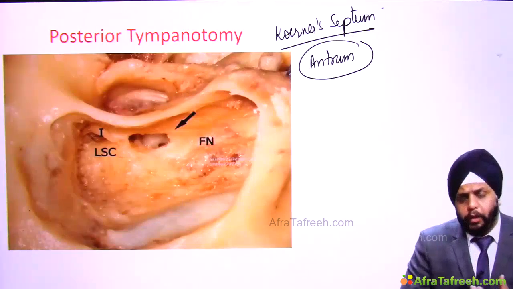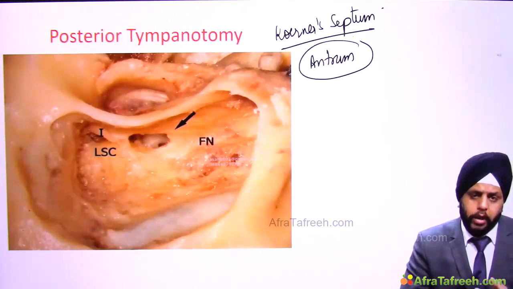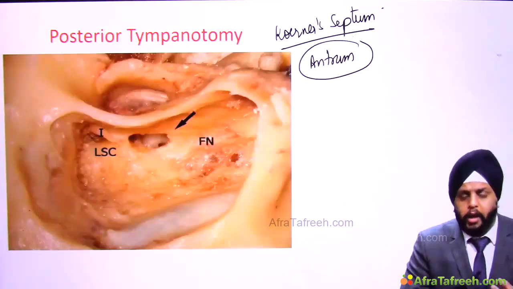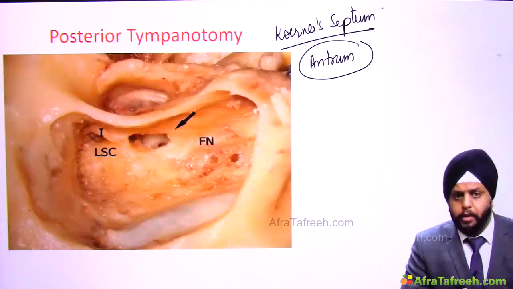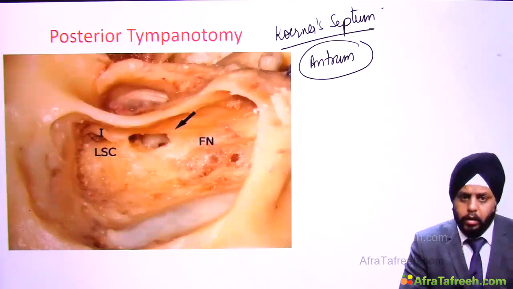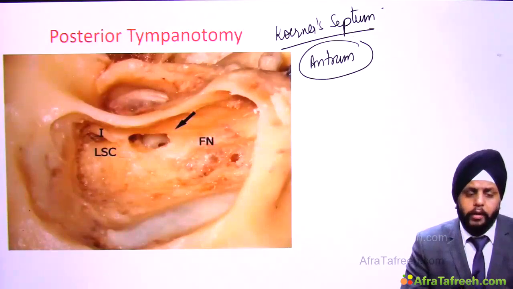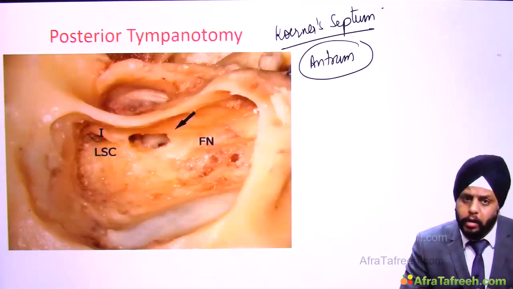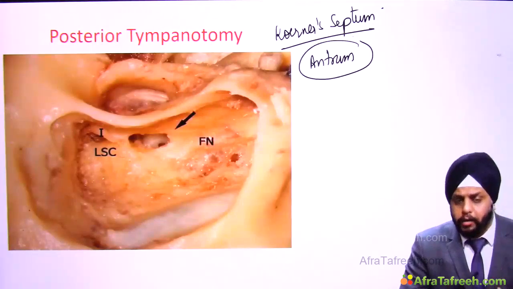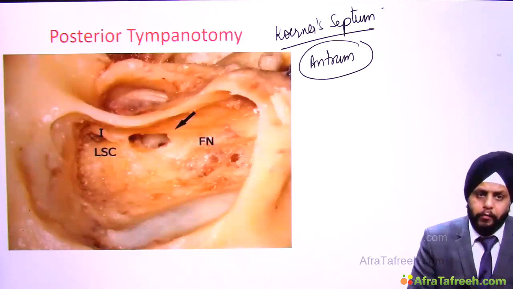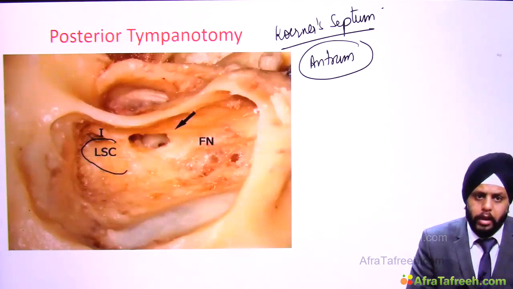So suppose you have entered the antrum. How can you confirm that you are actually in the antrum? Because all that is bone, all that is bony structures. How do you identify that you have entered into the antrum? You identify that with the help of the lateral semicircular canal.